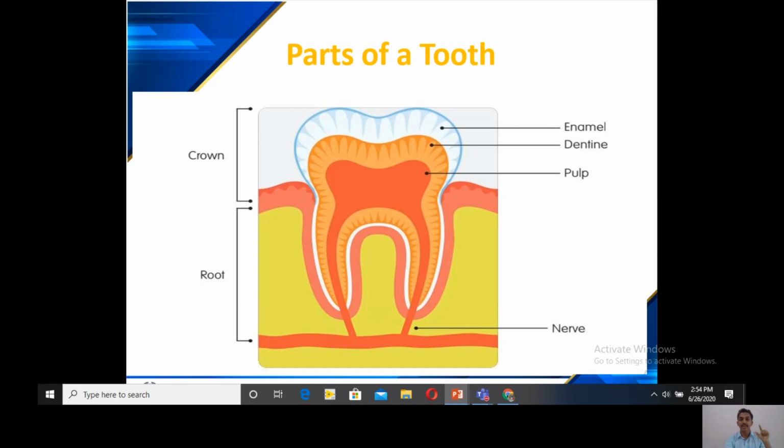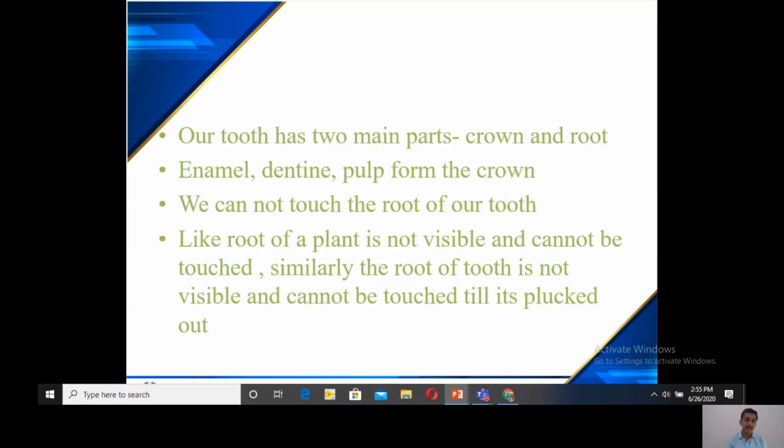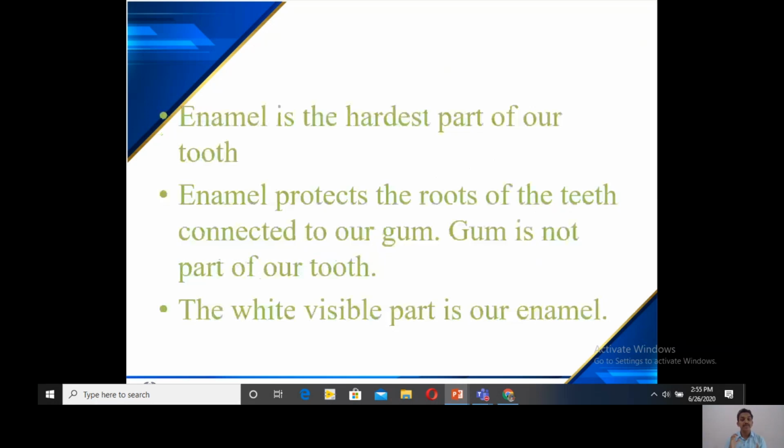There are mainly two parts, the crown and the root, with enamel, dentine and pulp together forming the crown. The hardest part of our tooth is enamel, and it protects the roots of the teeth connected to our gum. This white visible part is our enamel.